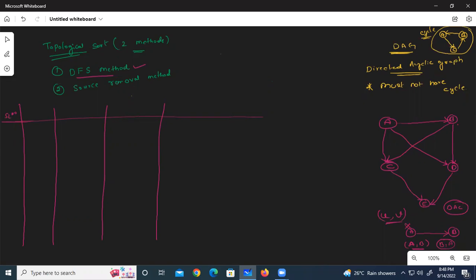If you want, you can keep 1, 2, 3, 4 like that. No problem. Here one more I will take. That is enough. These things are more than enough.